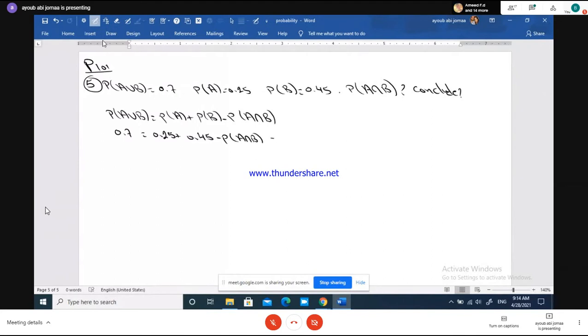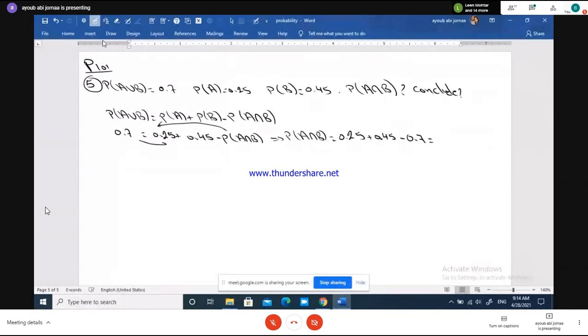Then solve this equation, move probability of A intersection B to the left side, 0.7 to the right side. Then probability of A intersection B will be 0.25 plus 0.45 minus 0.7. The answer? It comes out 0.